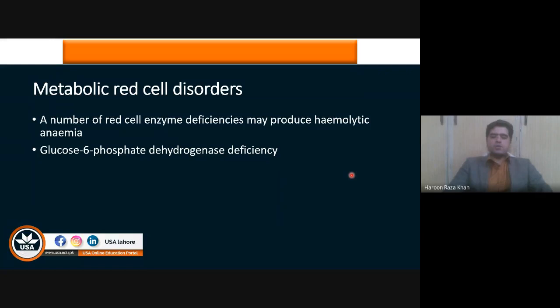Treatment is usually through avoiding the precipitating factors. If necessary, blood transfusion can also be done.